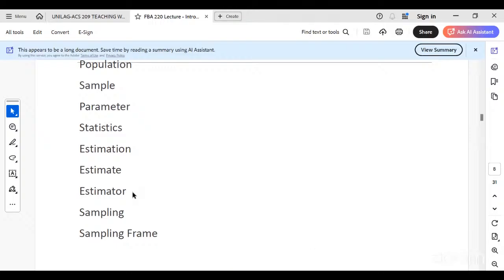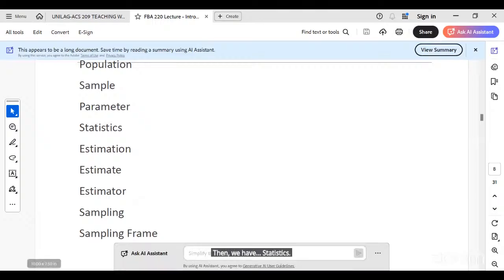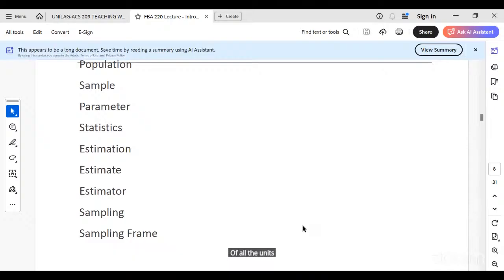Then we have statistic. A statistic is a function of all the units in a sample.